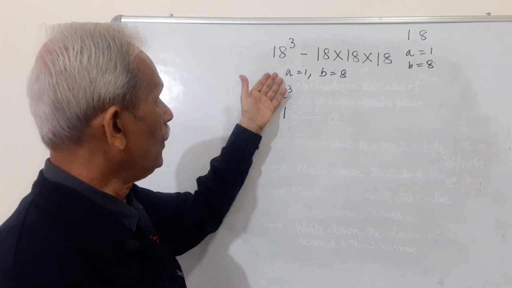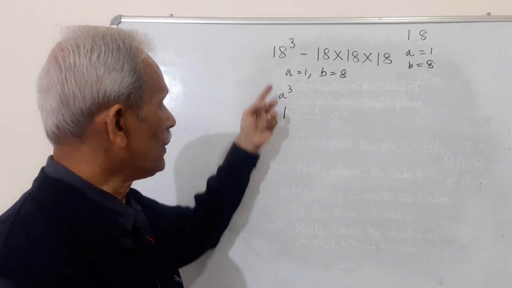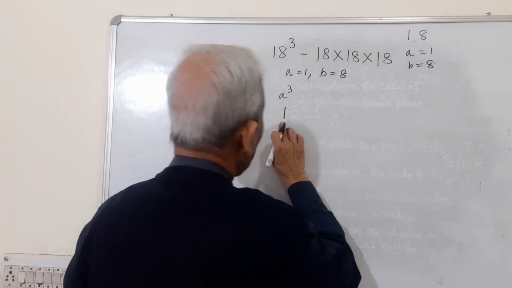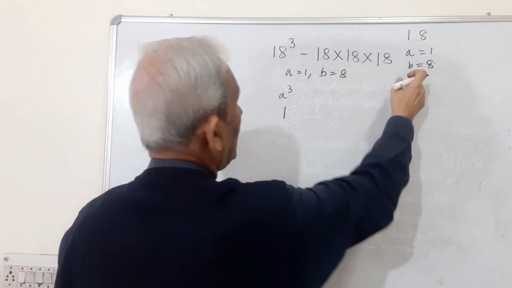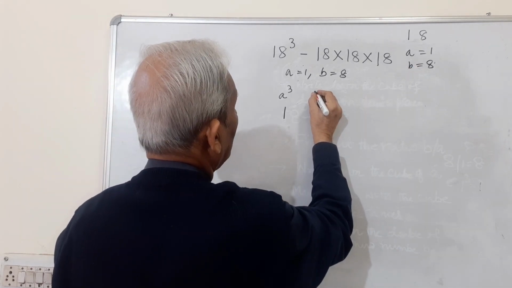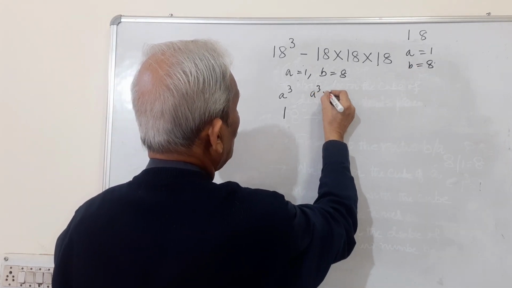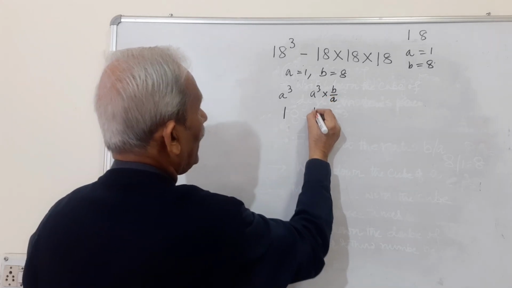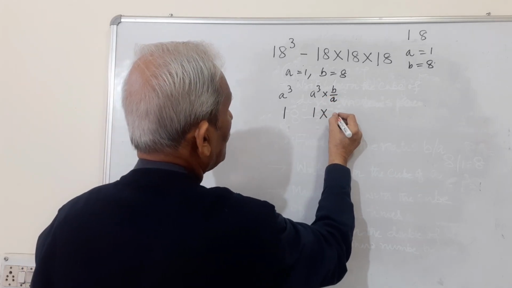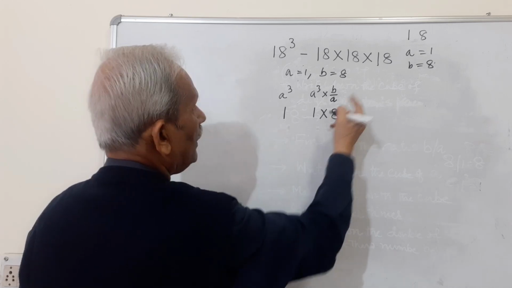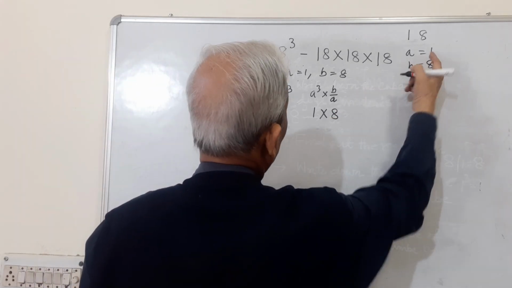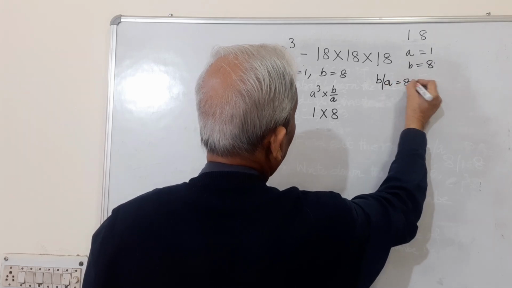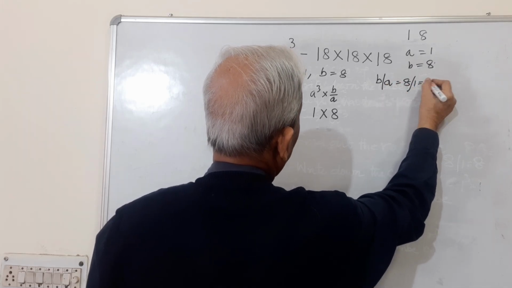Understood? Then multiply it with the ratio b by a, that means a cube into b by a. Here a cube is 1 and b by a is 8 by 1, which is equal to 8.